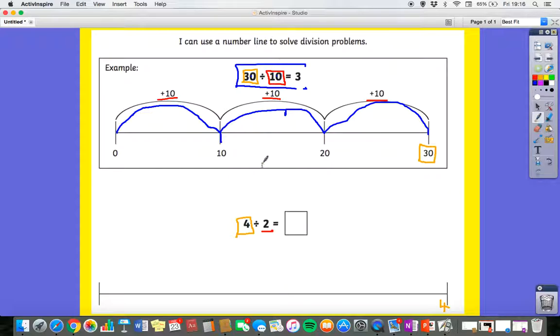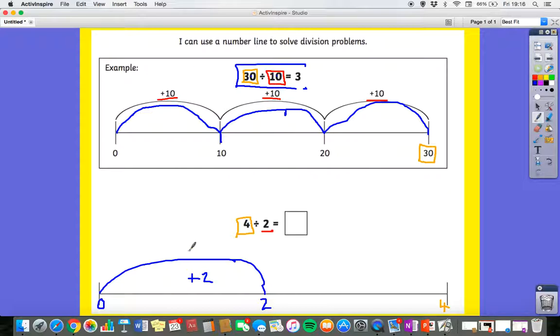Red is groups of. Okay, so I start at 0, like I said, and I'm dividing 4 by 2, so that means I'm doing groups of 2. Okay, so my first group of 2 takes me to about there. So I've got a group of 2. Now you can write +2 in the jump, or you can write it above.